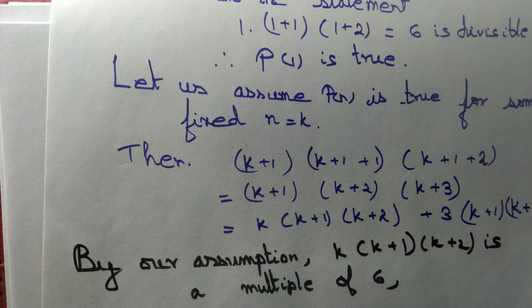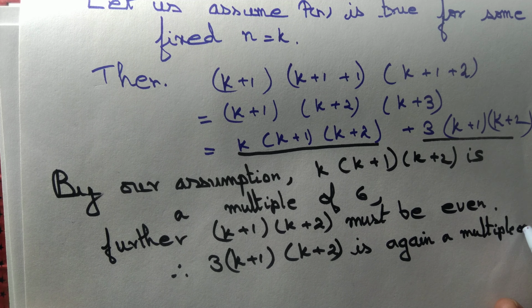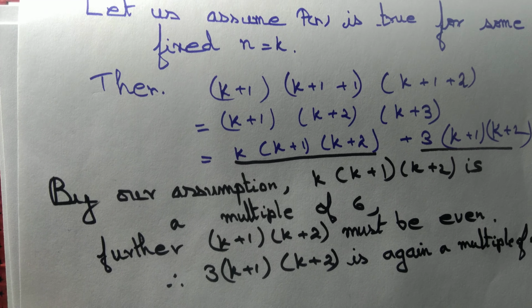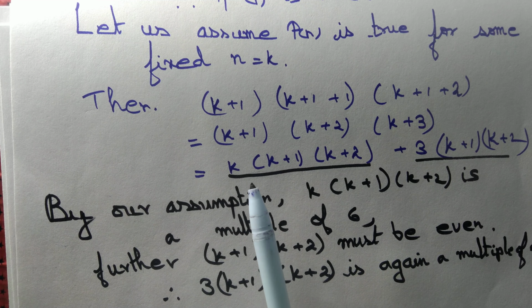Therefore, 3 into k plus 1 into k plus 2 is again a multiple of 6. This quantity is a multiple of 6 because 3 is a multiple of 3 and this is a multiple of 2. Now sum of multiples of 6 is again a multiple of 6.